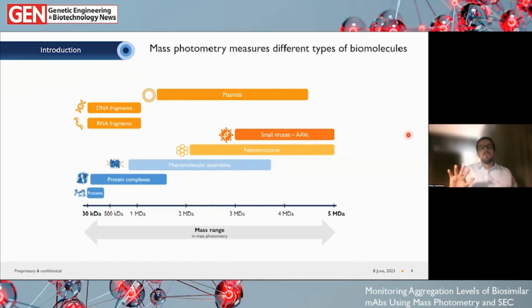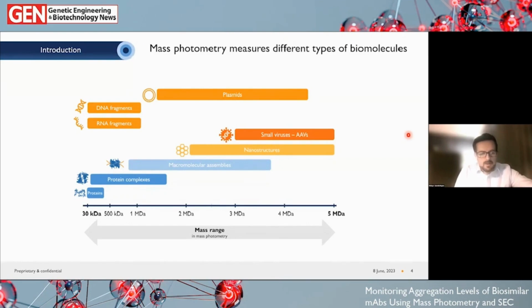So even though we're going to be focusing on antibodies today and primarily protein-based molecules, the technique of mass spectrometry itself is not just restricted to looking at proteins. You can also use it for working with small viruses, AAVs, particularly commonly studied utilizing mass spectrometry to determine if you have an empty full ratio and being able to optimize things so you can get more full AAVs, which are particularly important if you're wanting to introduce a DNA payload into a patient for treatment.